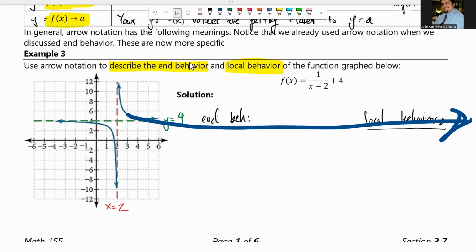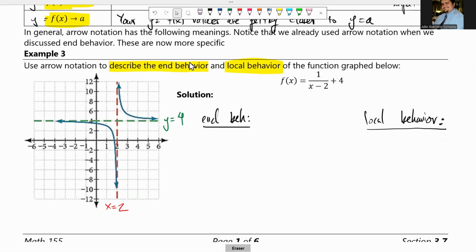Likewise, if we take it to the other end, this way, we want to be able to describe what our function is doing over there as well. In this case, our function is doing the same thing in both directions. So let me write down what we're doing.